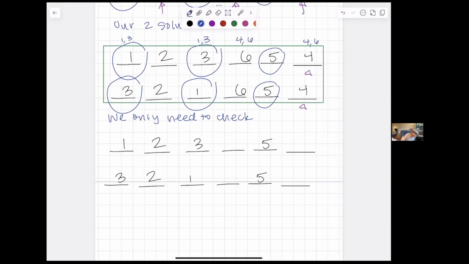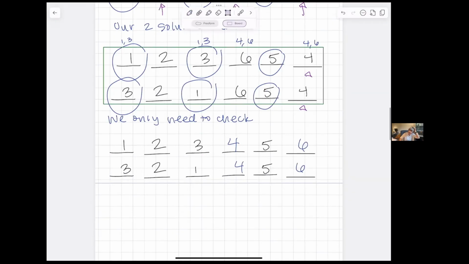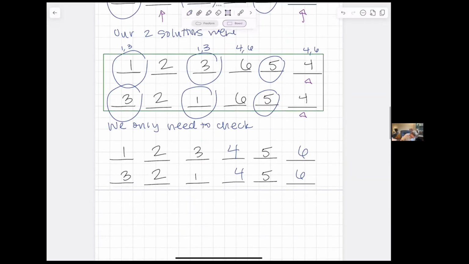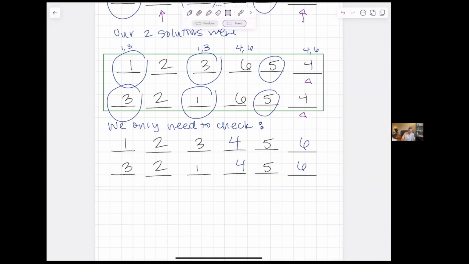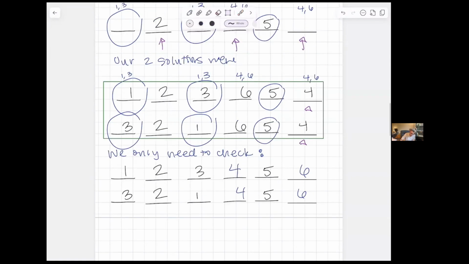If I move 4 and 6, 4 and 6, right? Those are the only other options that we said were possibly available. And so now let's just check these guys. That's testing two cases, not so bad for guess and check. If we would have just guessed and checked everything, it would be 6 times 5 times 4 times 3 times 2 cases, which is a lot more to guess and check, right?